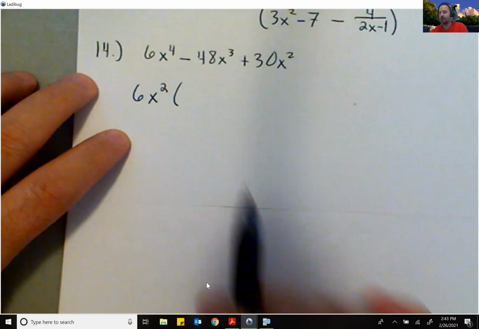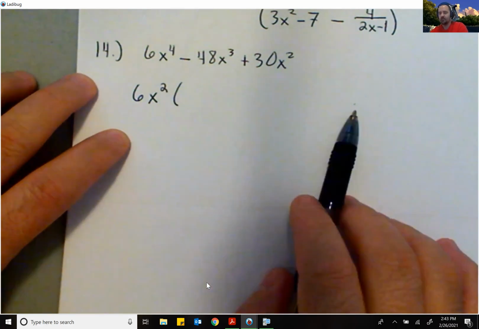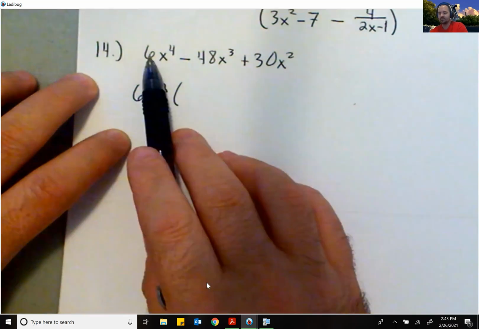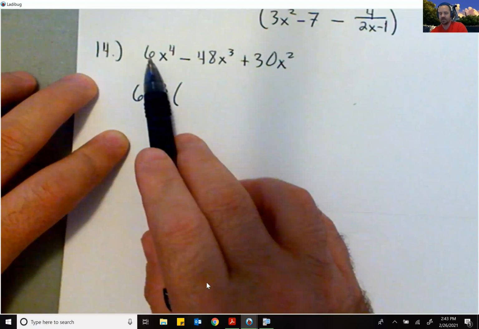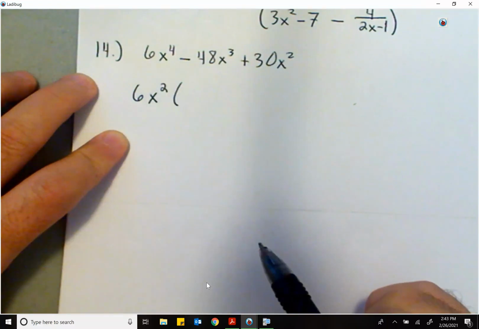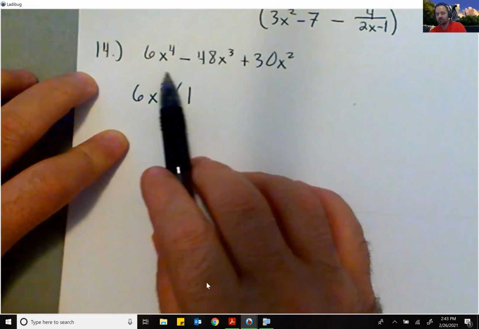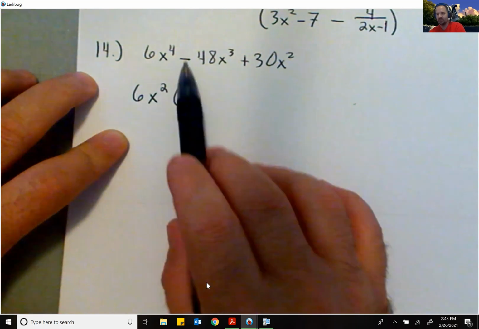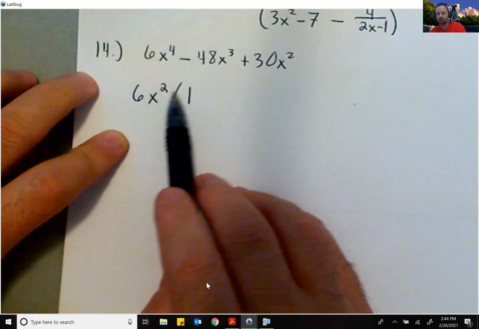So all we do is we write down what's left. Remember that all these numbers are divisible by 6. So what is 6 divided by 6? 1. So there's a 1. And then we are pulling out 2 X's from each of these. So there are 4 X's here. I'm pulling out 2.